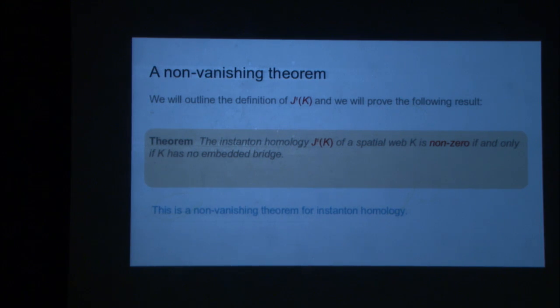So it's a non-trivial vector space, except in the cases we understand very well. And because it says something is non-zero, this is, for us, a non-vanishing theorem. It's a non-vanishing theorem for the instanton homology that we will define.